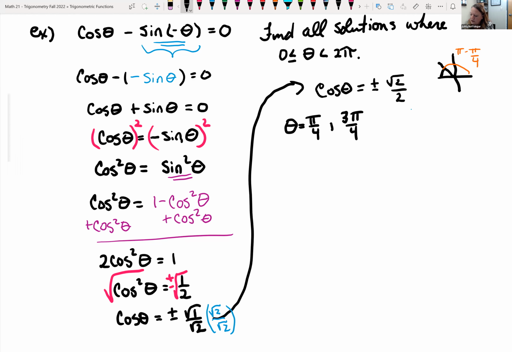If we were looking at pi fourths as a reference angle in the third quadrant, to get that angle we would look at pi plus pi fourths. So 4 pi fourths plus 1 pi fourths is 5 pi fourths.